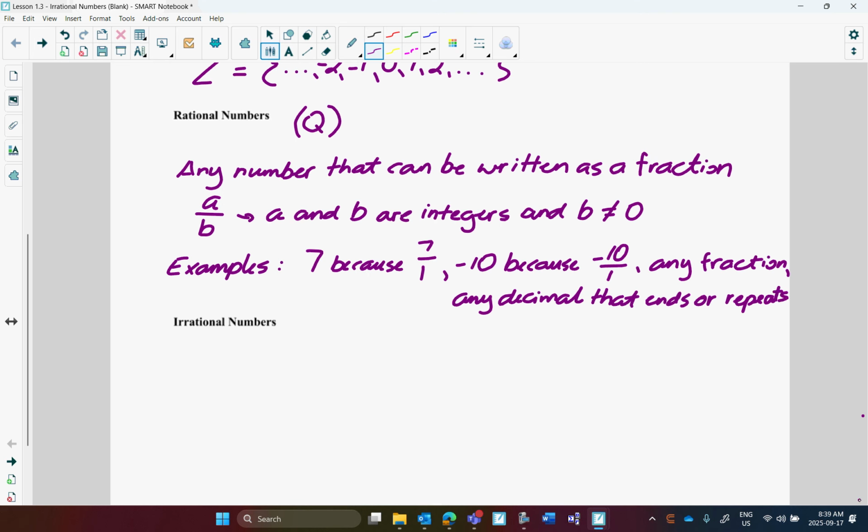So any decimal could be -0.57, because that can be written as a fraction, -57 over 100. What I mean by repeats are ones like this, 0.3, and then with the bar over the 3, which means that the 3 keeps going forever. Because that can be written as the fraction 1 over 3.